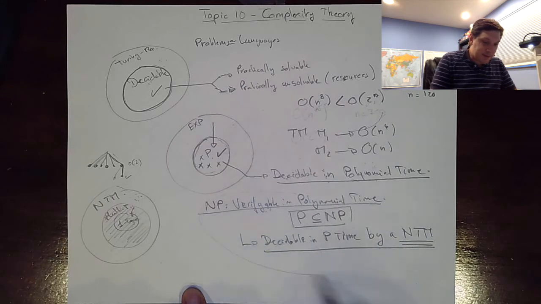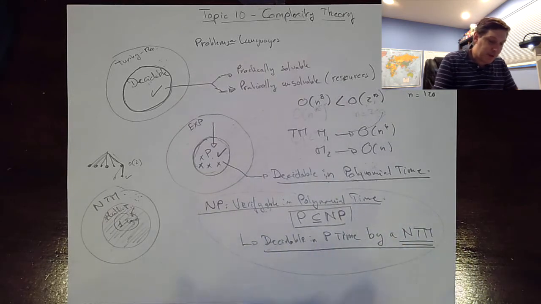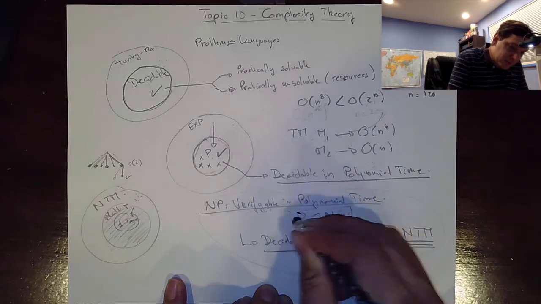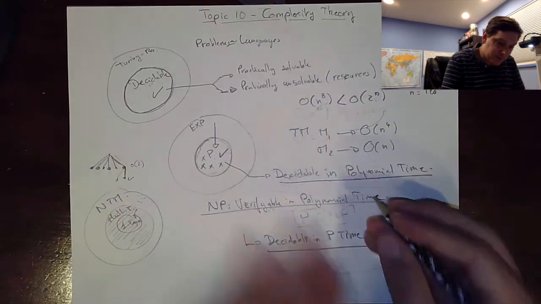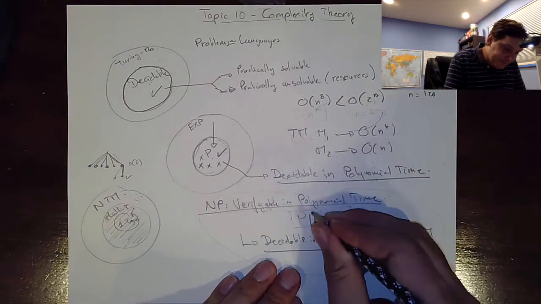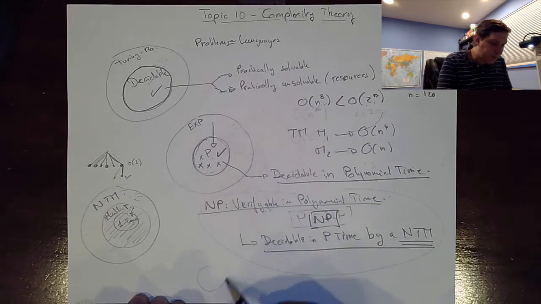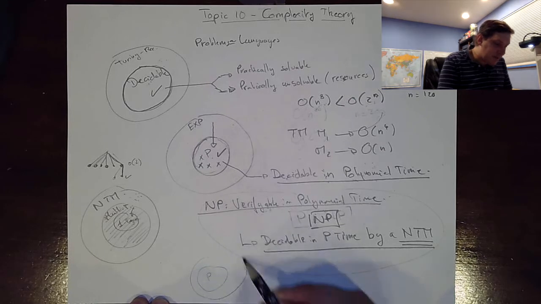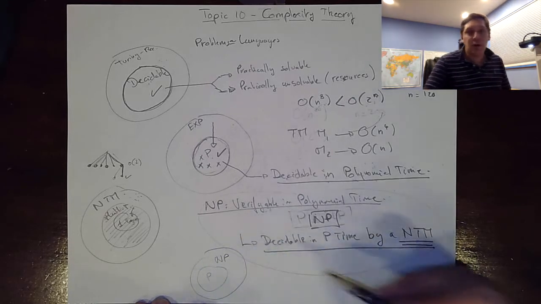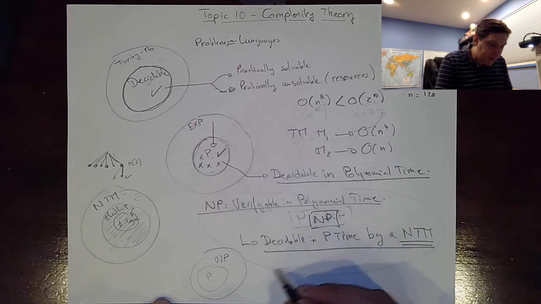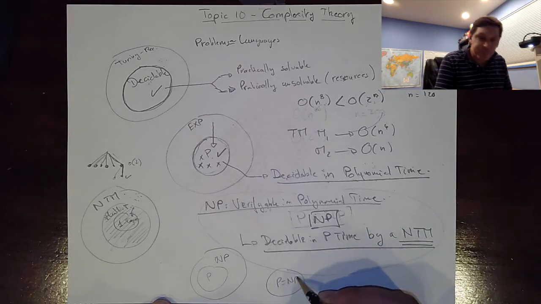This is the definition of NP. Okay, so I should just make this clear. These are 2 possible definitions of NP. And the problem is that we don't know if P is strictly a subset of NP, or if P equals NP.